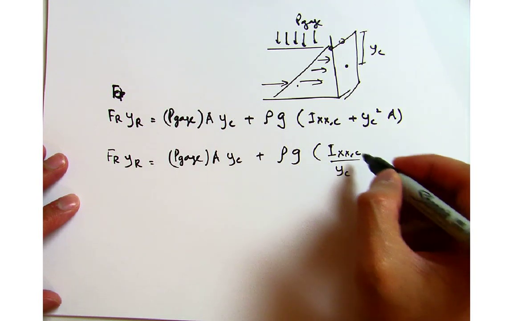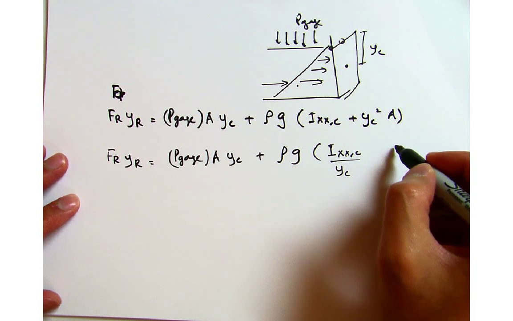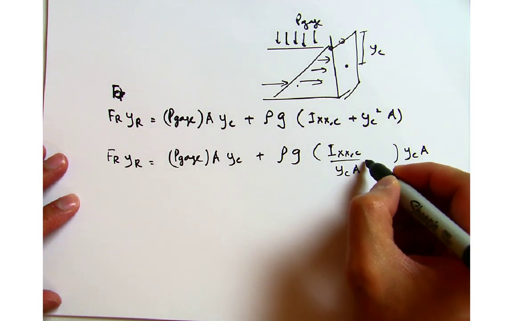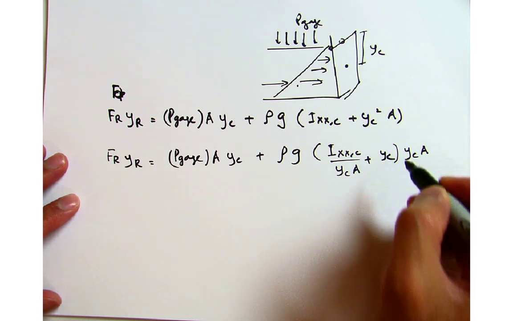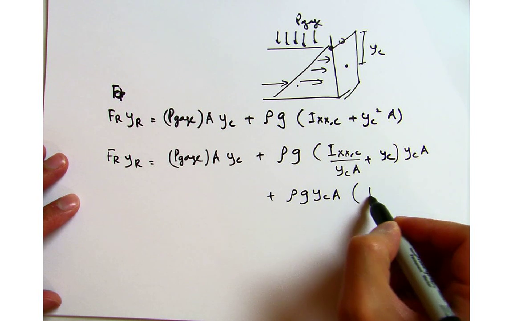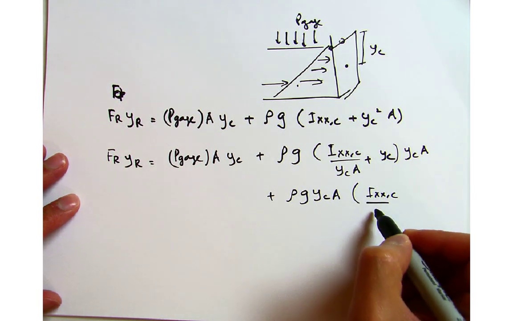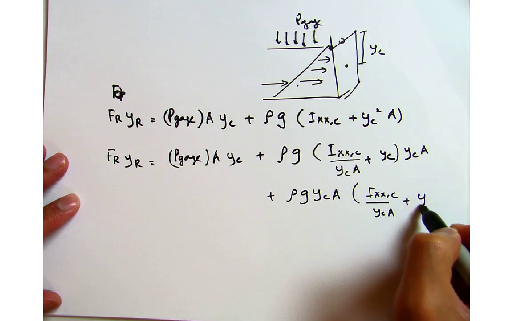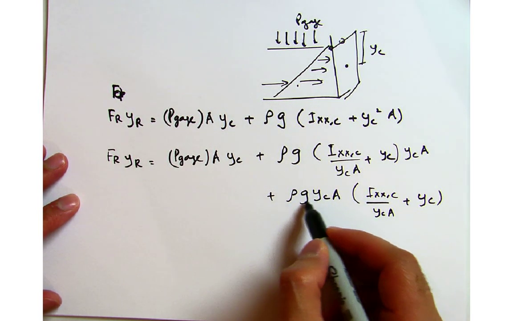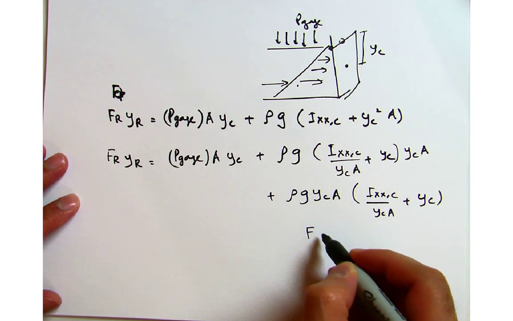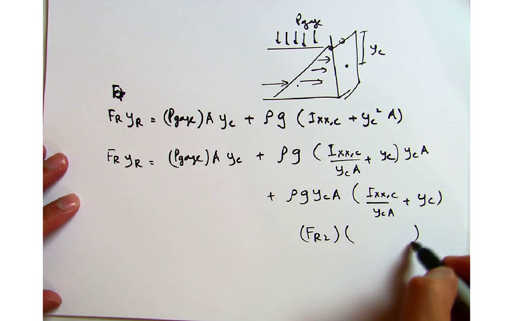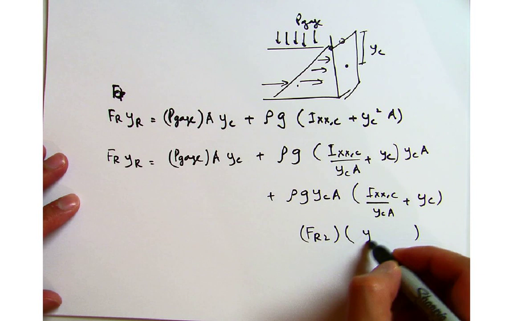So I'm going to divide and multiply by Y_C A. So we have Y_C A plus, this gives you Y_C, and then this quantity is rho g Y_C A, I_xxC over Y_C A plus Y_C, and this is the rho g Y_C, which was our F_R2, times this, which is our Y_R2.